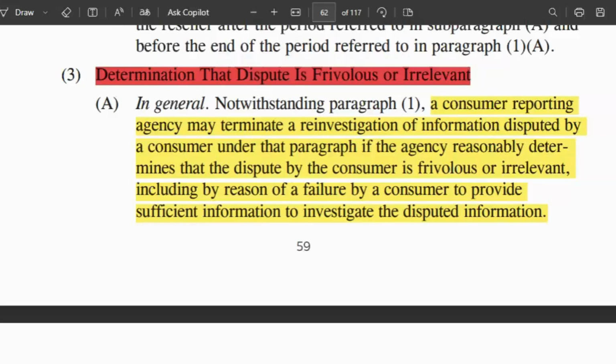You also want to ask them what reasonable procedures they used in order to determine the information is accurate and also complete. All right.